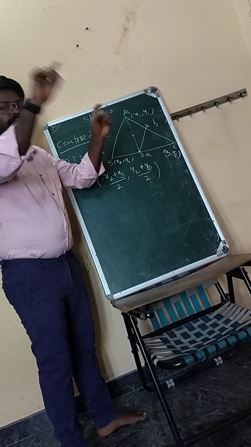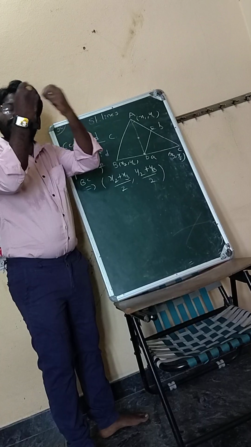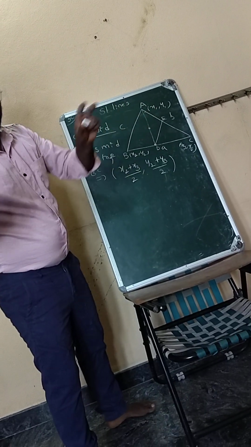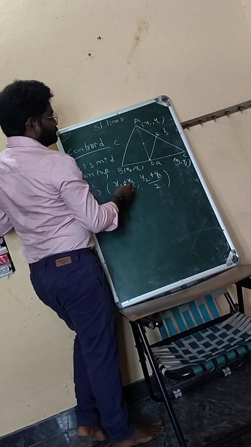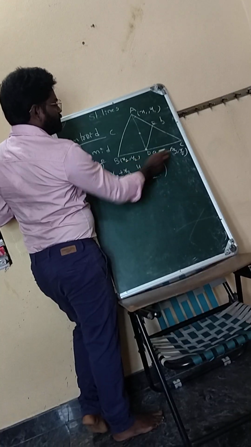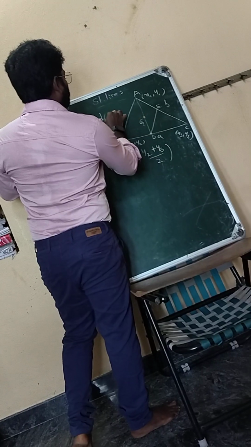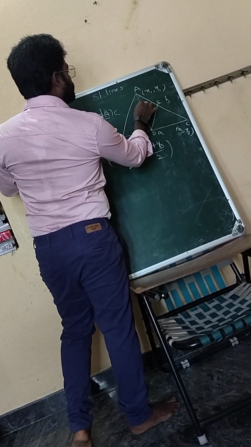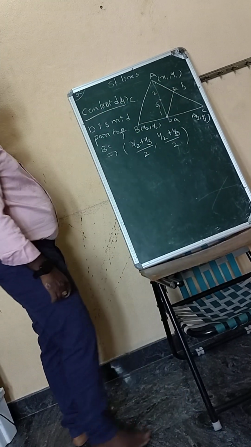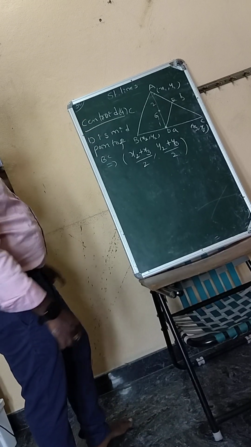All three medians meeting point is simple. The three medians' meeting point is the centroid, and the centroid formula proof. x2 plus x3 by 2, y2 plus y3 by 2. And this distance is denoted as 2:1. Why are you taking the distance at 2:1?